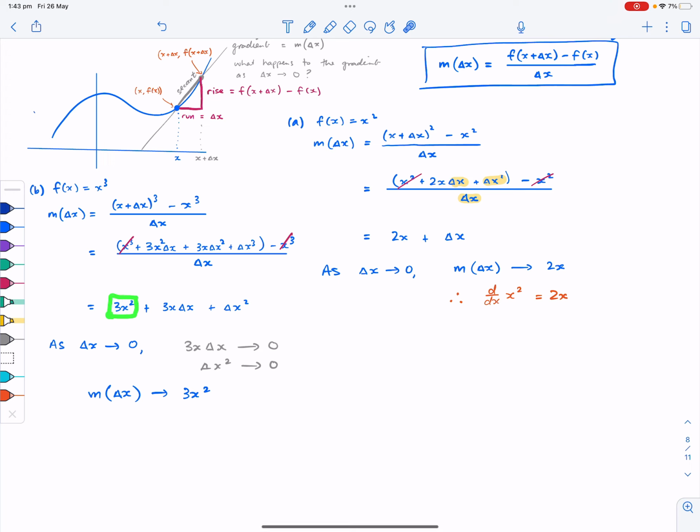This doesn't. That doesn't have a delta x in it, so this approaching 0 has no effect on that. And so what we have is that the derivative, the gradient function of x cubed, is 3x squared, right? As we already knew, but now we really know. All right? It's a beautiful thing.